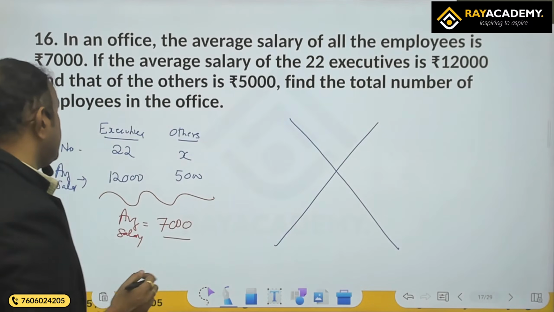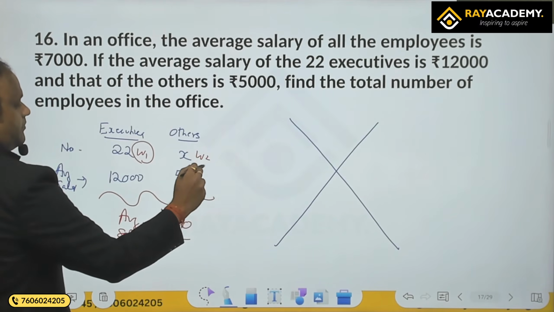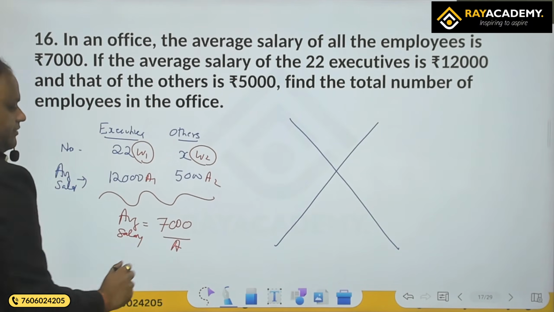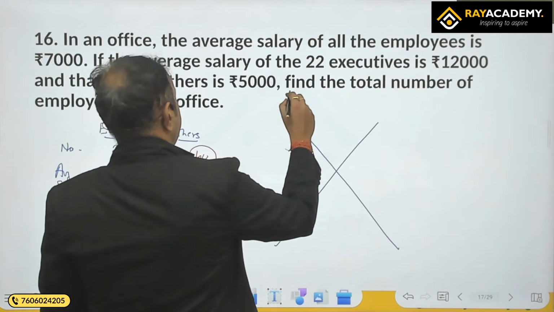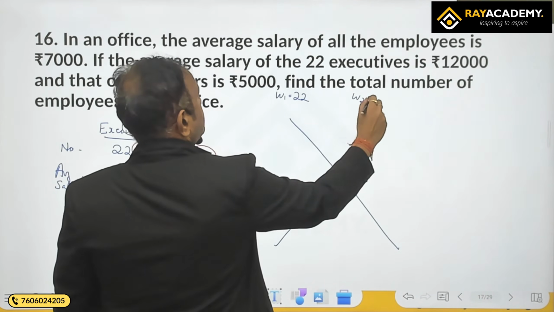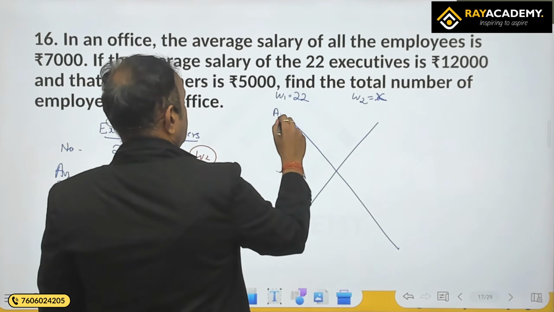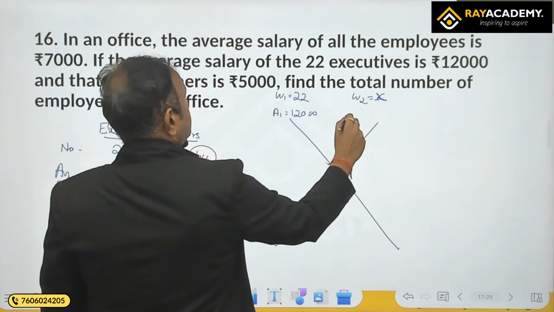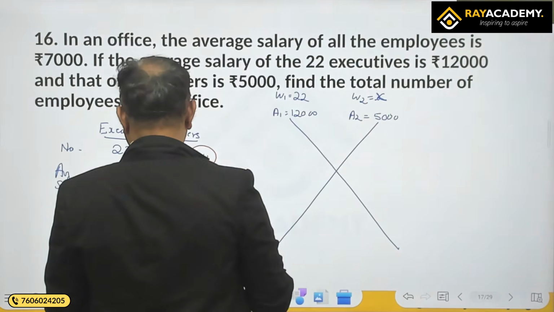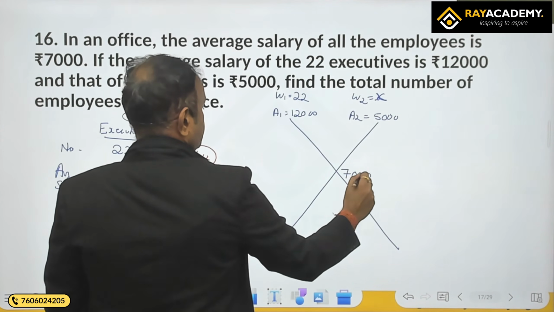This one will be W1, this one will be W2, this one will be A1, this is A2, this is A. So you can write here W1 equal to 22, W2 equal to X, A1 is 12,000, A2 is 5,000 and the average is 7,000.